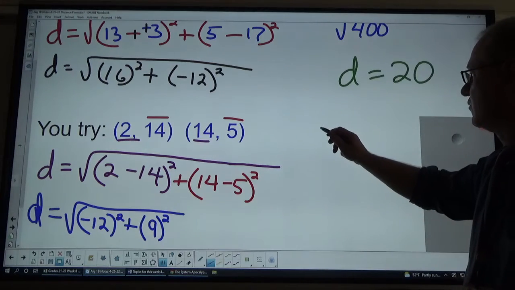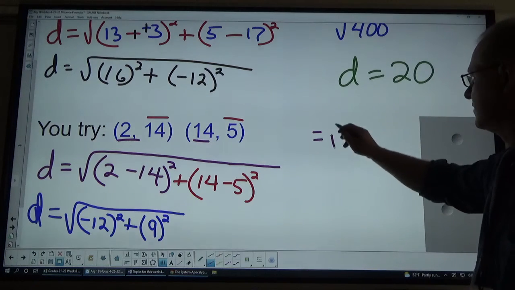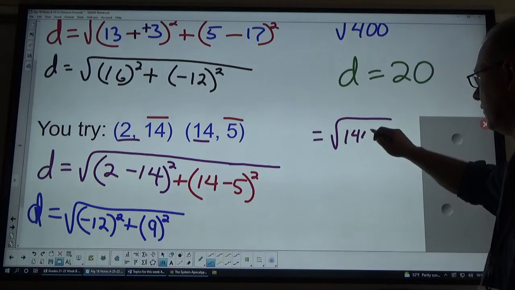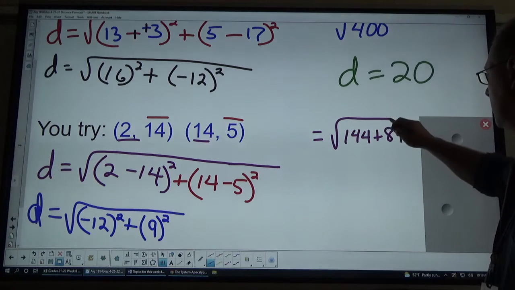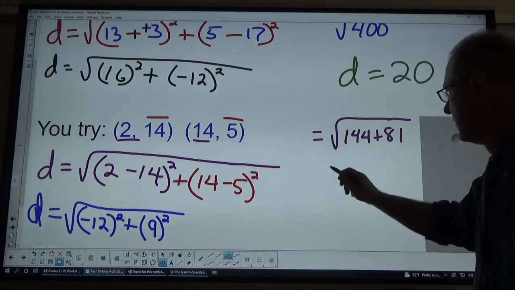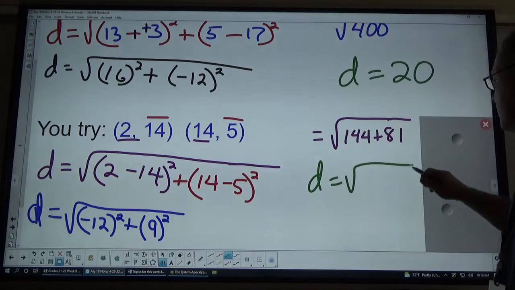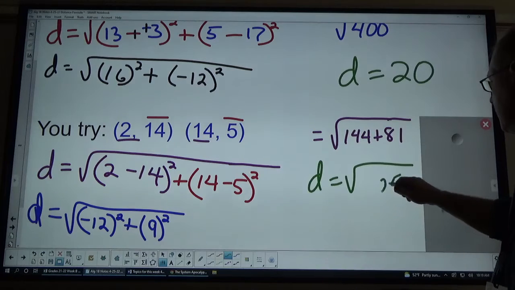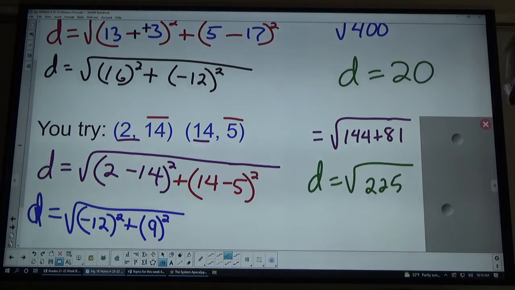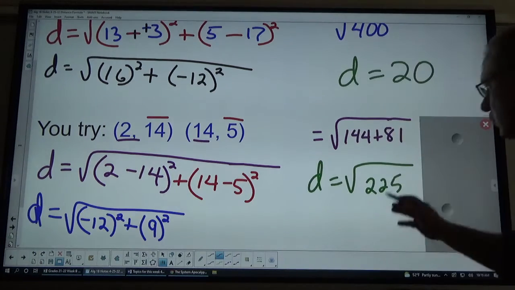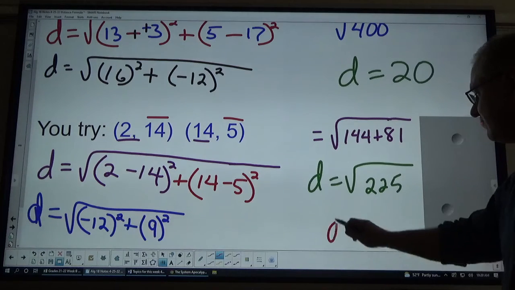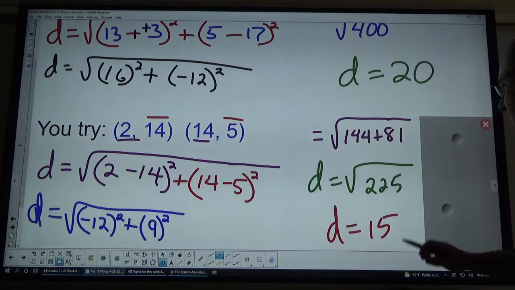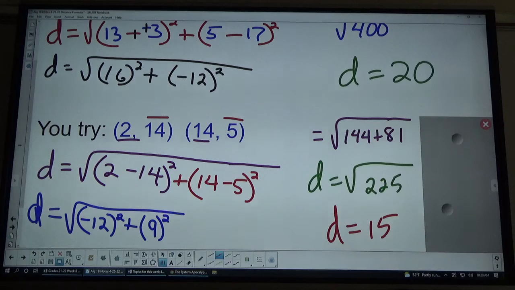All right, so that would be the square root of 144 plus 81. That's the square root of 225. Now it turns out if you square root 225, you get 15. And there's your final answer.